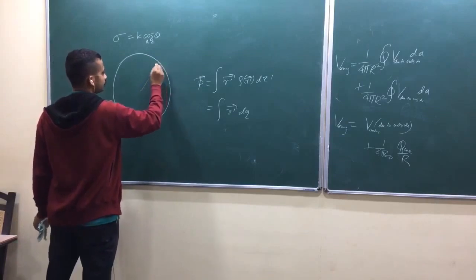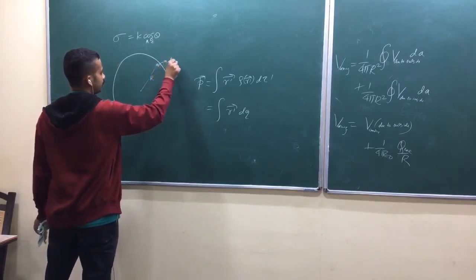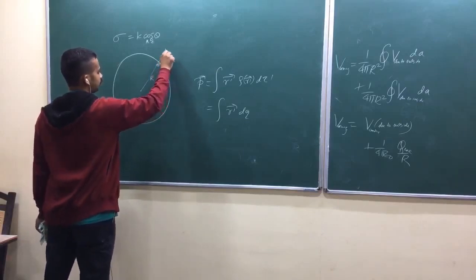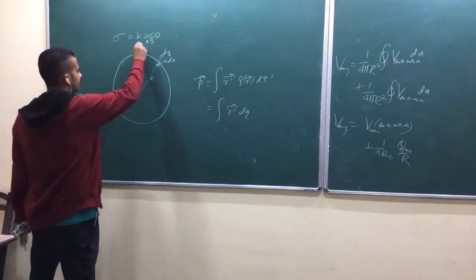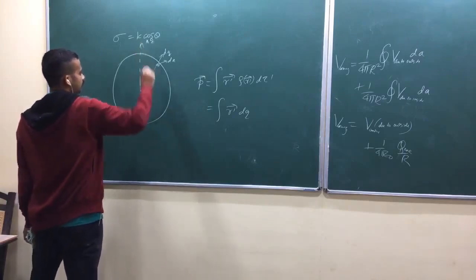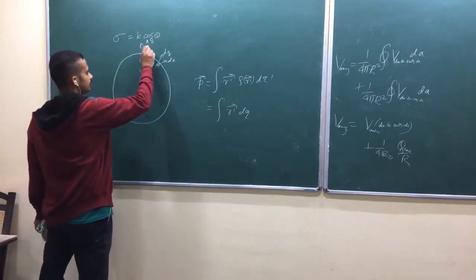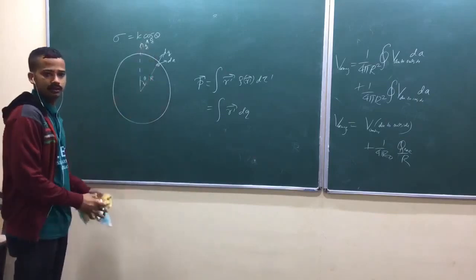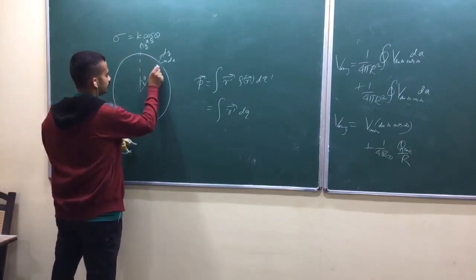Now suppose I take a small area here. This is R. This contains dA and the charge on it is dq. It is at an angle theta from z cap, on the surface of the sphere, imagine like that.